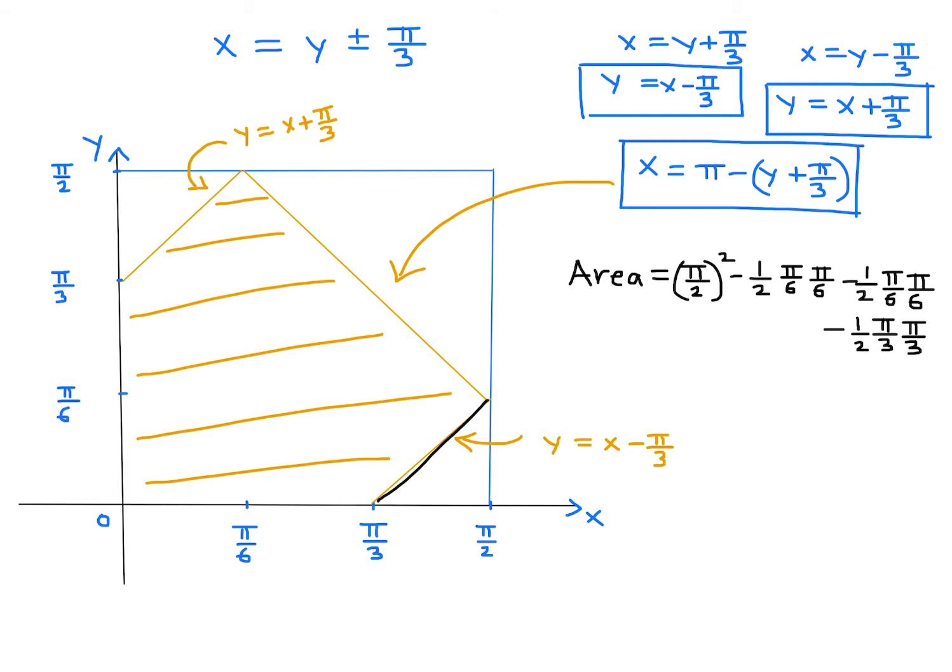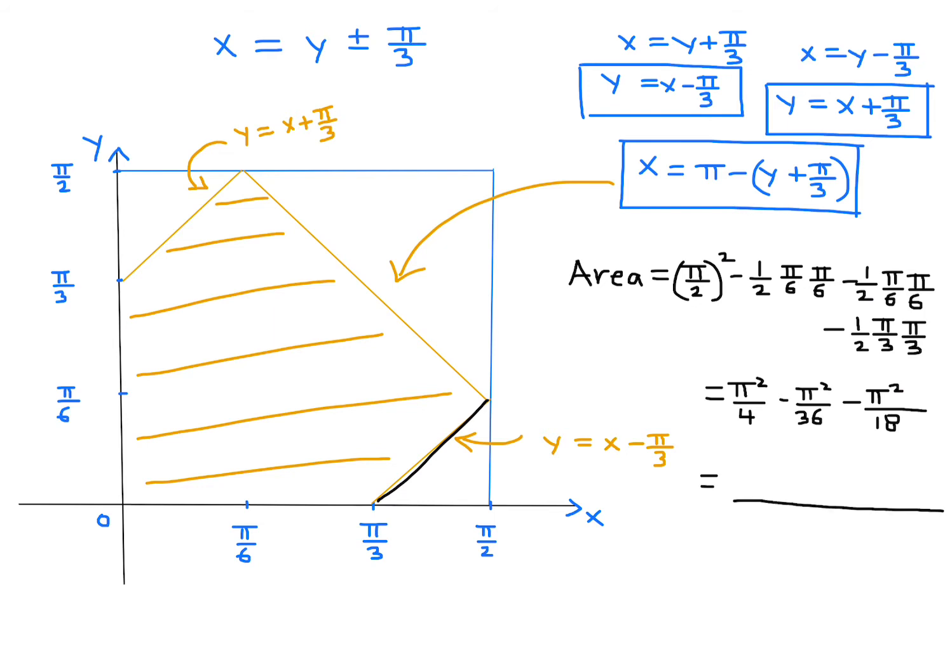times pi over 3. Okay, so this becomes pi squared over 4, and this looks like minus pi squared over 36 minus pi squared over 18.